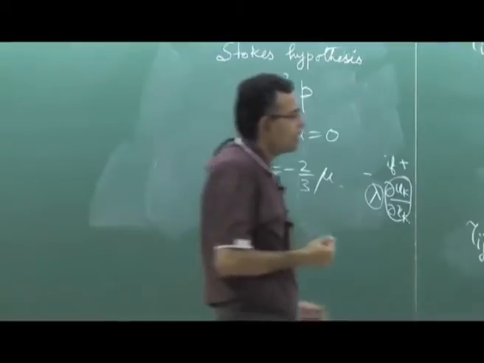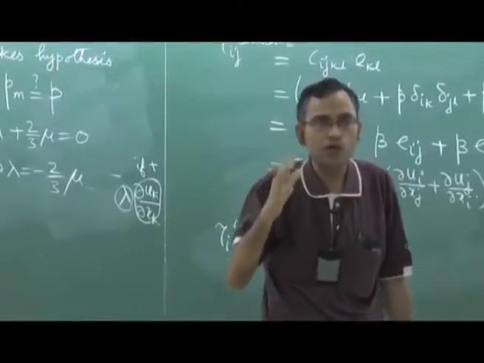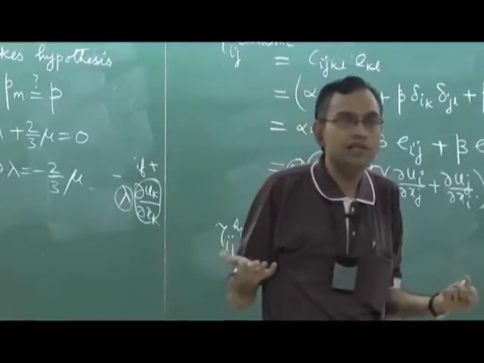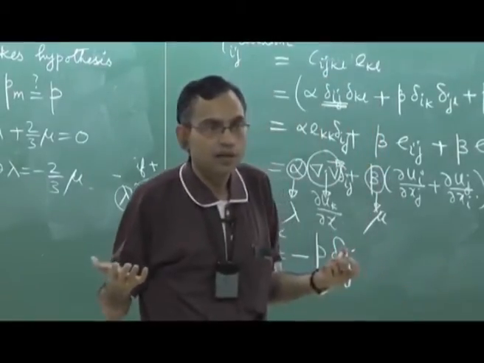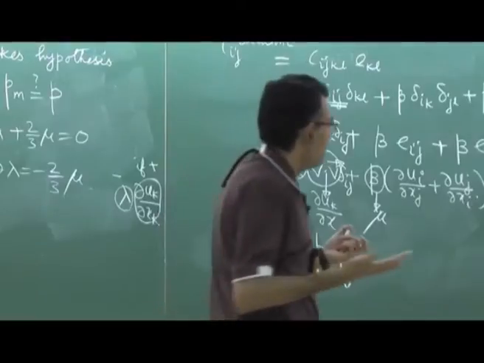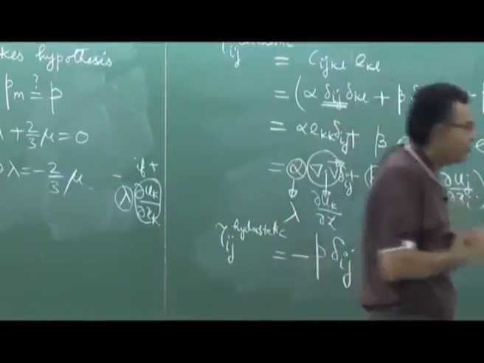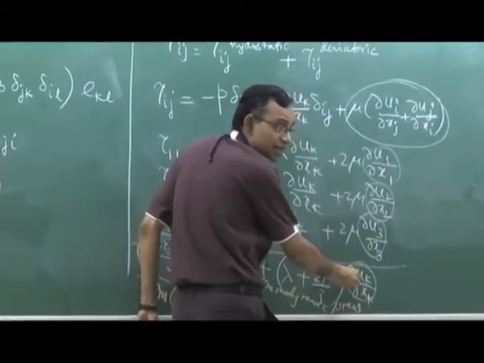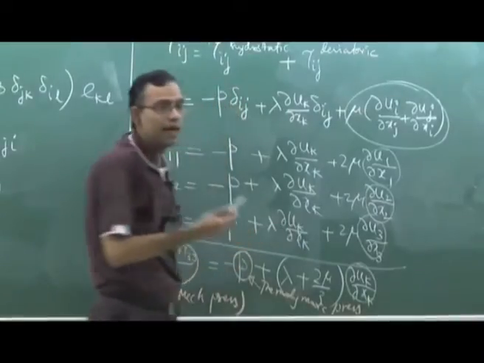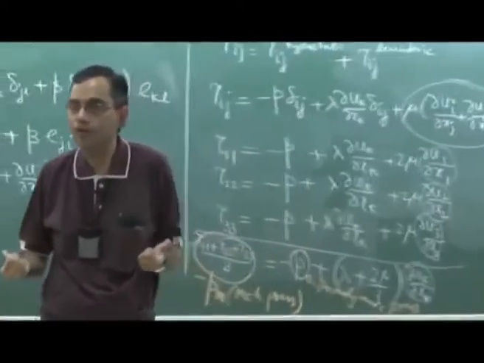The other important discussion is that there is a special type of fluid for which you do not care whether the Stokes hypothesis is valid or not. That is the case when the flow is incompressible. If the flow is incompressible, then because this term is equal to 0, you will have mechanical pressure identically equal to thermodynamic pressure.